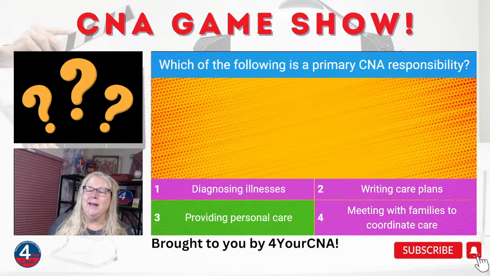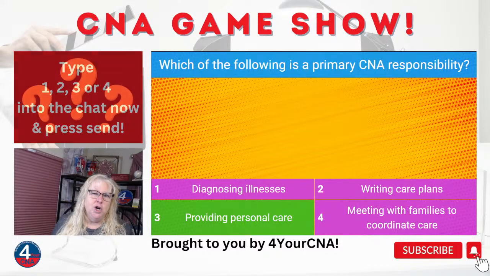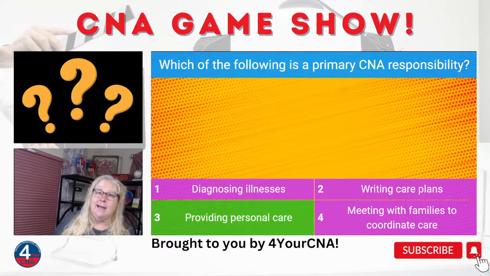And number 3, providing personal care. So diagnosing illness, that's going to be a doctor's responsibility, not ours. Writing care plans, that is a nurse's responsibility, not ours. And meeting with families to coordinate care, that's usually part of the care team. Discharge planner, social services, dietary, nursing, therapy.